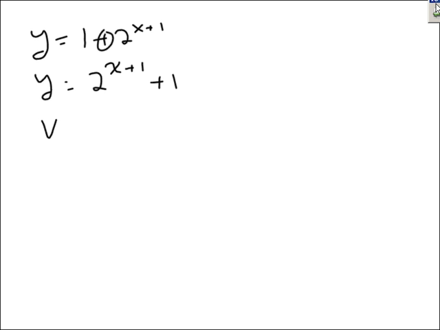Suppose you wanted to graph y equals 1 plus 2 to the x plus 1. If it makes your life easier, this is the same as positive 2 to the x plus 1, plus 1. So the vertex is, 1 makes this 0, negative 1, and what's being added or subtracted?